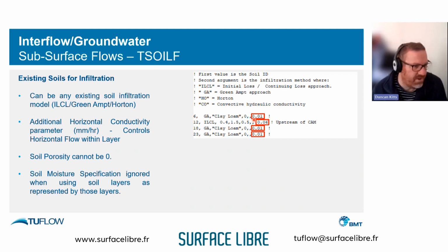Keep an eye out on what the units are and make sure you're applying those sensibly within TUFLOW, which requires millimeters per hour. In the past, when specifying soil layers, you didn't necessarily have to specify a porosity, but that does need to be specified within the soil layers when using hydraulic conductivity.